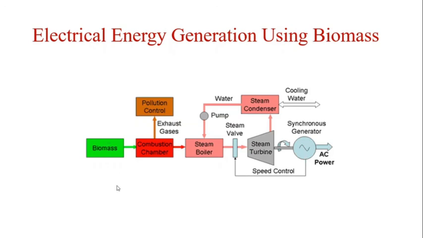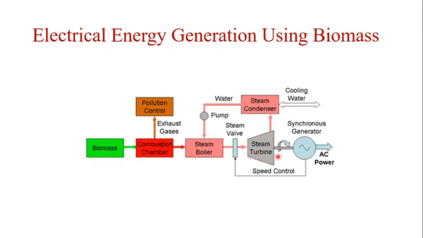In this, biomass is supplied to the combustion chamber and the heat generated from the combustion is fed to the boiler where the steam is produced. This steam at high temperature and high pressure is then supplied to the steam turbine.